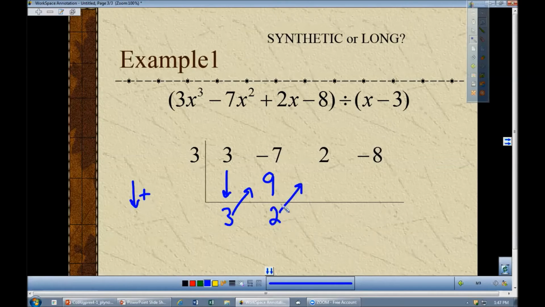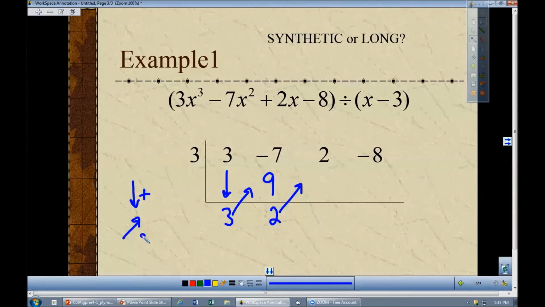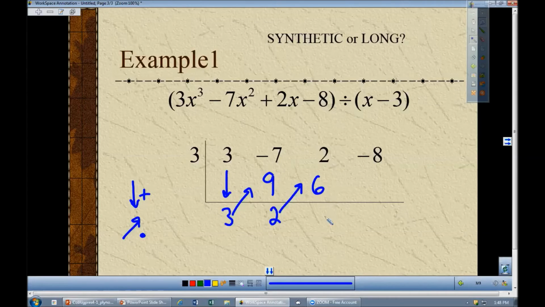When I go diagonal, I multiply. 3 times 2 is 6. When I go down, I add. I'll get 8. When I go diagonal, I multiply. 3 times 8 is 24. When I go down, I add. I got 16. And there's nowhere else to go here.